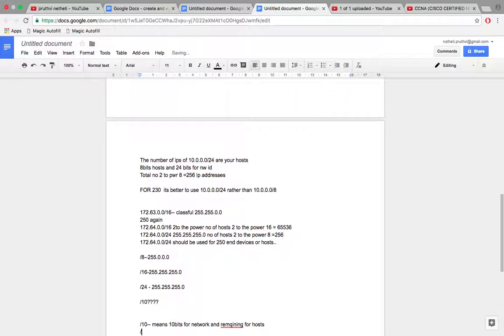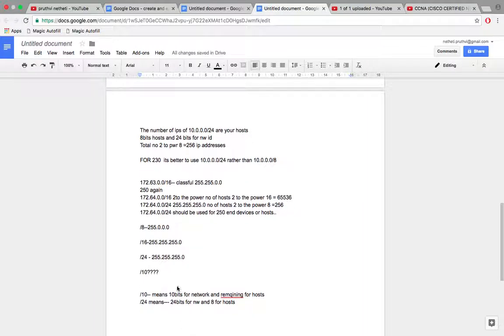What does /24 mean? It means the same thing: 24 bits for network and the remaining 8 bits for host. So /10 also means the same thing, 10 bits for network ID and the remaining 22 bits for host.